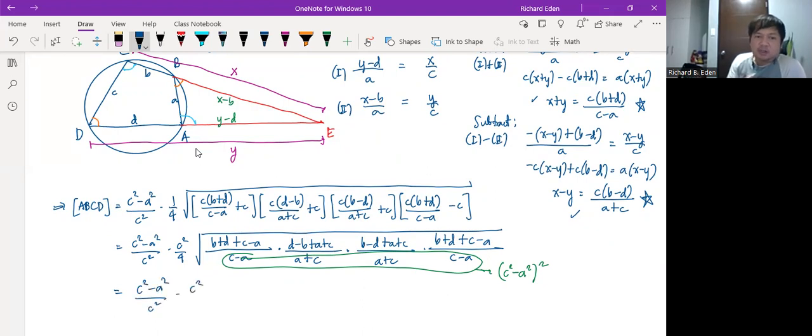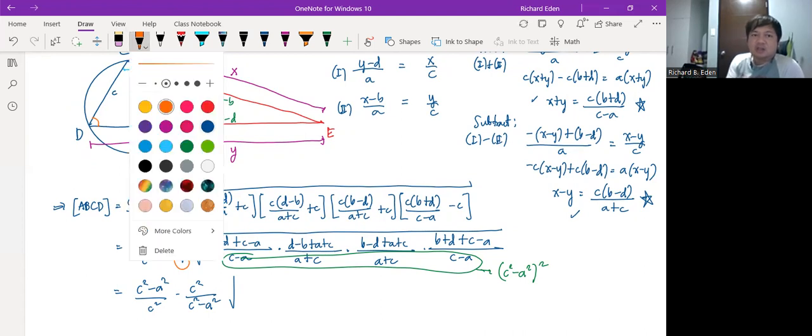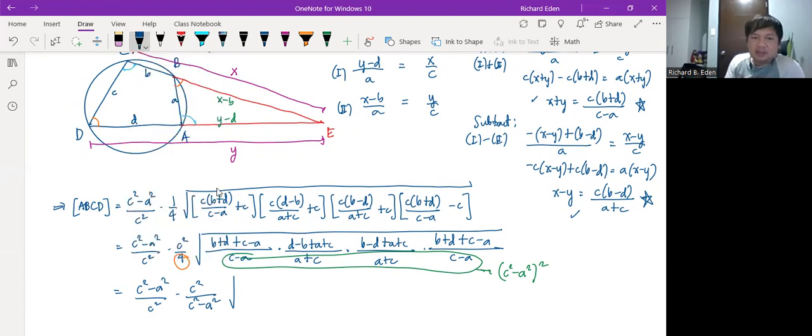Then here c squared over c squared minus a squared. Okay, and then we have this 4, which is the square root of 16. Let's put it inside. So 16 is 2 to the 4th power. So we have the following. We have negative a plus b plus c plus d. We can rearrange that. And then a minus b plus c plus d.